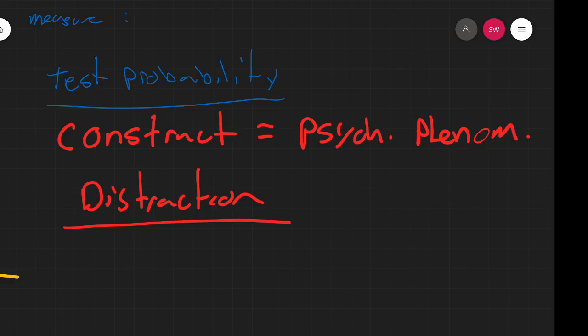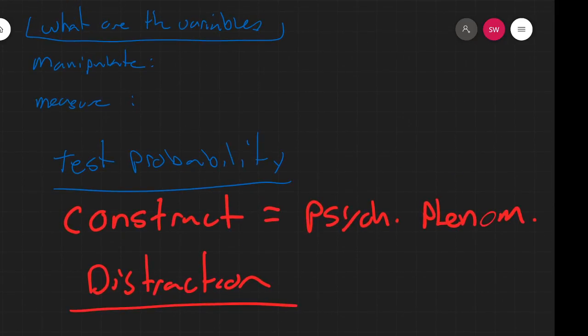But before we know if you're distracted, what do we have to do? In order to test a construct, you have to have a measurement. This is the hardest thing in this entire class, having a good measurement. The measurement that we use in this particular experiment is driving fluency. How do we know you speak a language fluently?